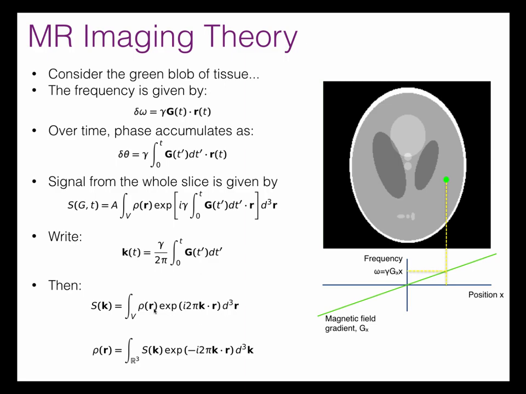So if rho is our magnetization density across our slice, then we're basically finding that the signal with respect to k is a Fourier transform of our spin density, and so we can invert this to obtain our spin density back. So basically, this is the essence of MR imaging. Okay. So this is a well-known operation called the Fourier transform.